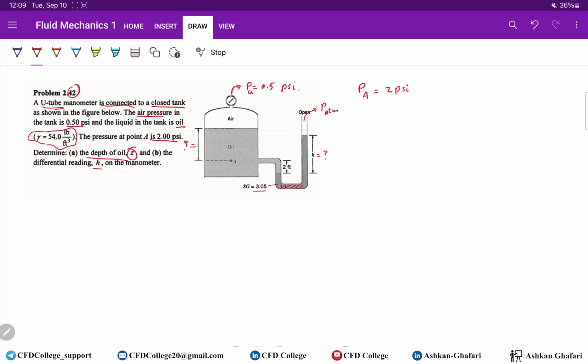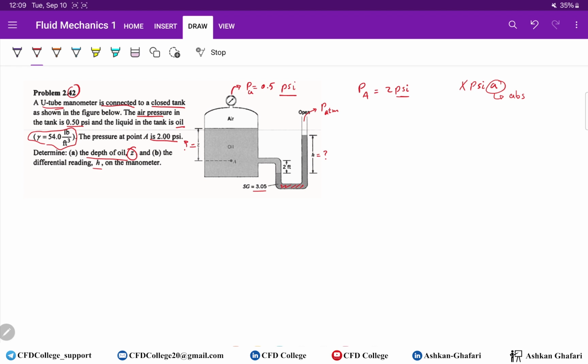As you can see, all the pressures are in psi, not psia, which means absolute. So as I always say to students, we mostly work with gauge pressures in fluid mechanics unless it is specified.